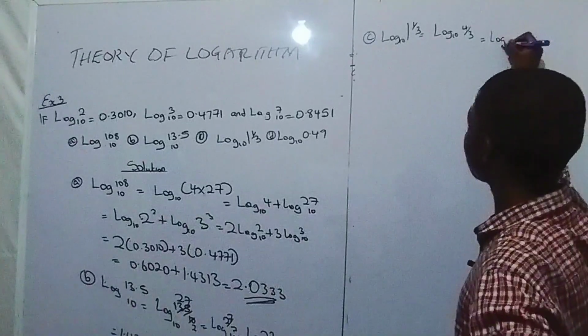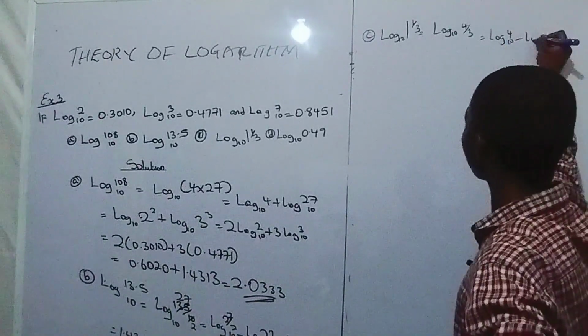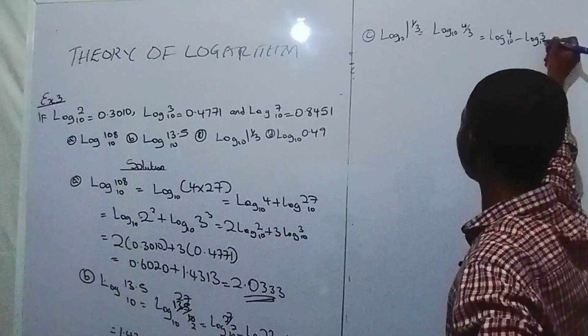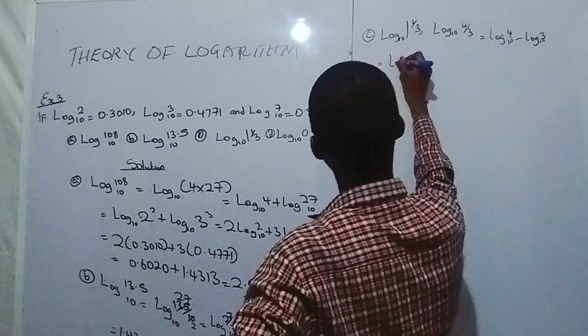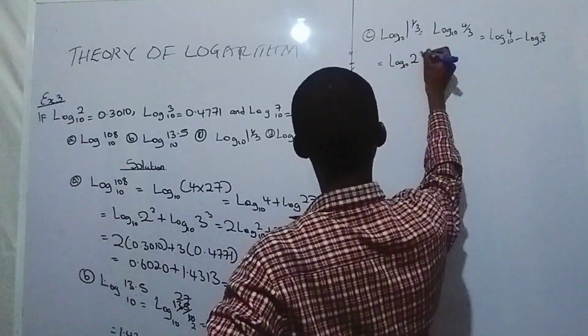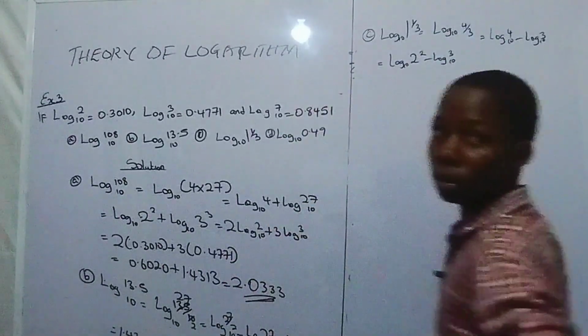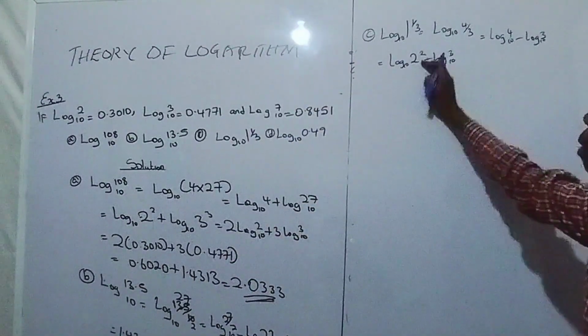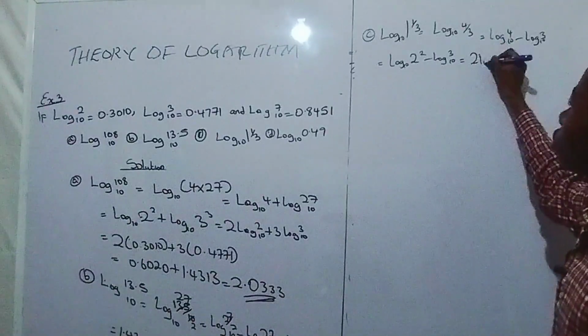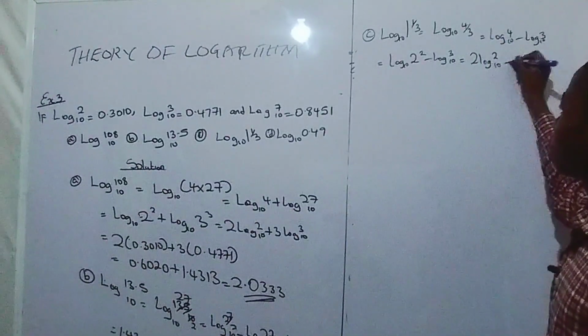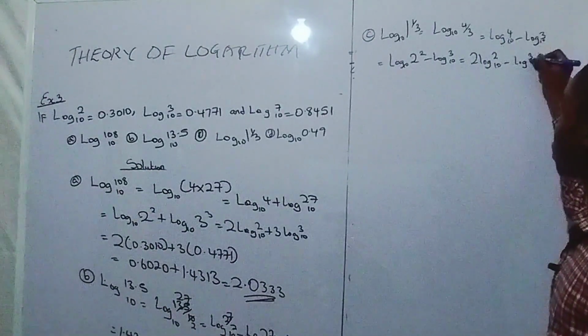Subtraction. That is log 4 base 10 minus log 3 base 10. And 4 is 2 raised to the power 2, minus log 3 base 10. So the power comes here. We have 2 log 2 base 10 minus log 3 base 10.